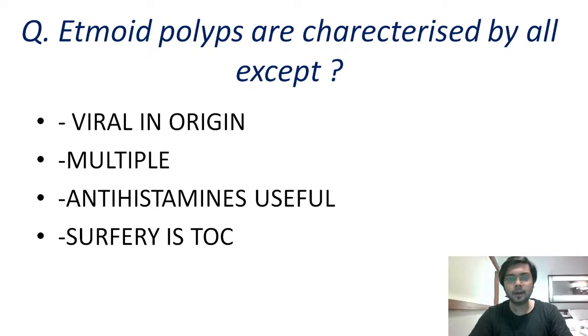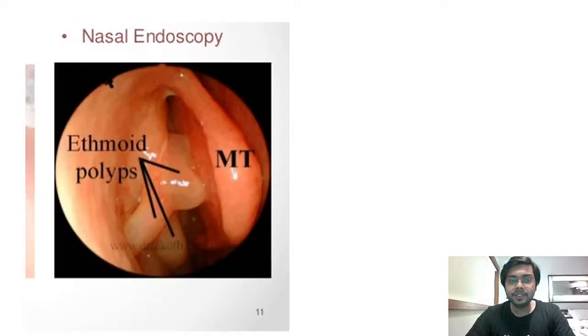Yes, I can see the comments. Ethmoidal polyps usually arise from the ethmoidal air cells, and as there are multiple ethmoidal air cells, the polyps are multiple. The etiology is allergic, and that is why antihistaminics can be given for treatment.